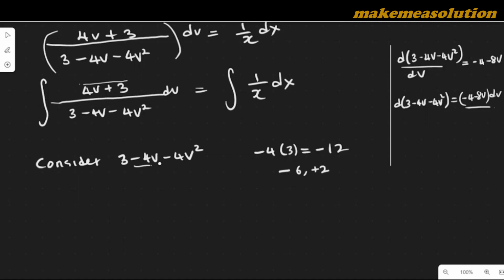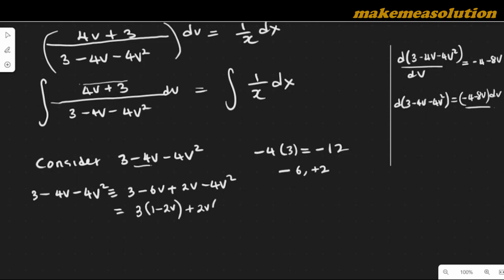So we're going to have 3 minus 4v minus 4v squared is actually equivalent to 3 minus 6v, okay, plus 2v and minus 4v squared. So if we go ahead to factorize it, we'll have 3 into (1 minus 2v) plus 2v into what? (1 minus 2v). So that works.